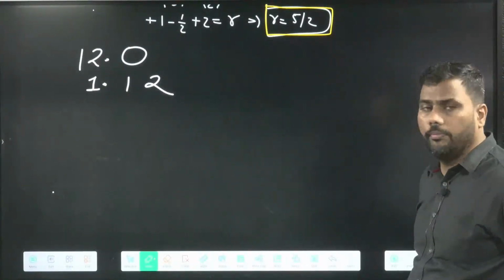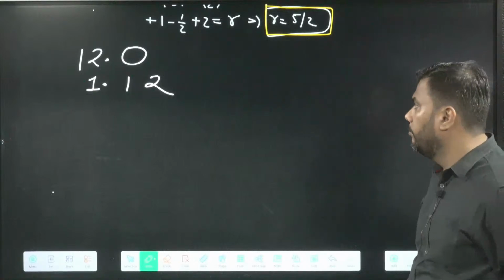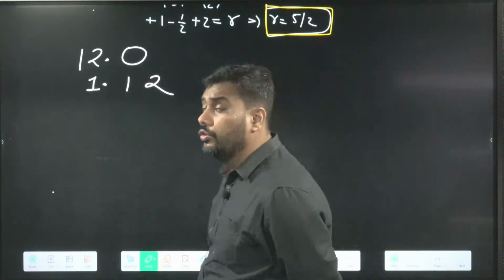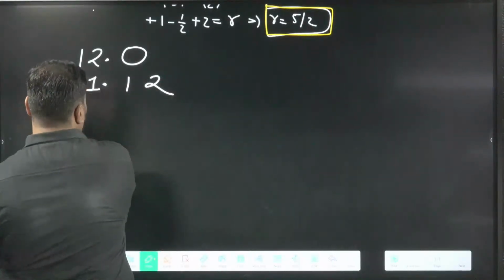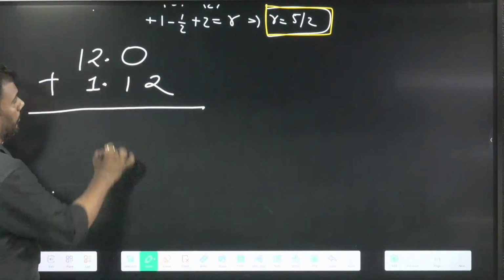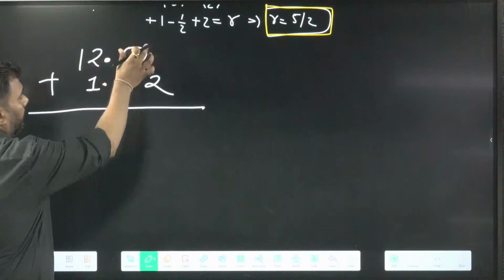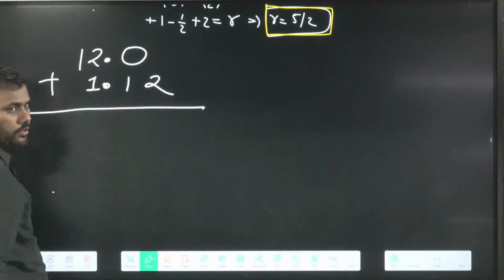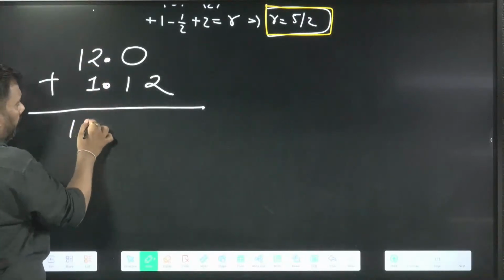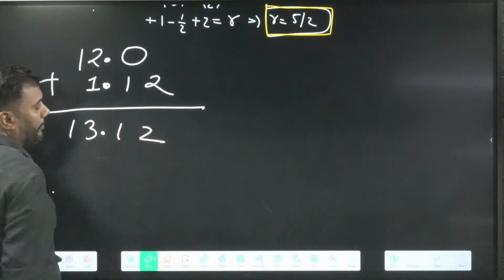If you are adding two numbers, you should see the digits after decimal. After decimal, the first number has only 1 digit, and the second number has 2 digits. Adding these two numbers, you will get 13.12.